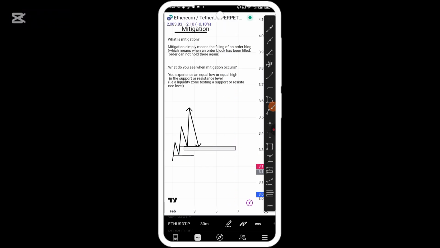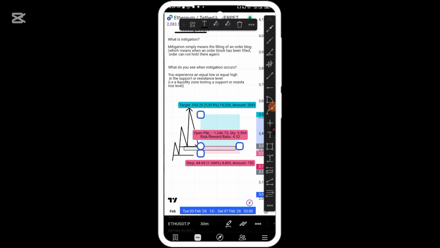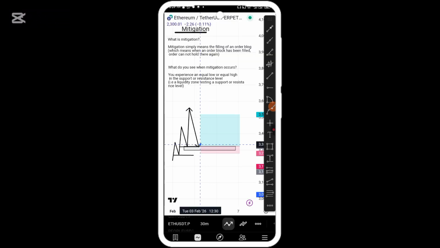So definitely the market will pick their order, and you see something like this, going back up to fill up their trade, to take their profit rather. So that's what you see. Simply, what happened here is what we call mitigation. That is quite simple. That is mitigation.